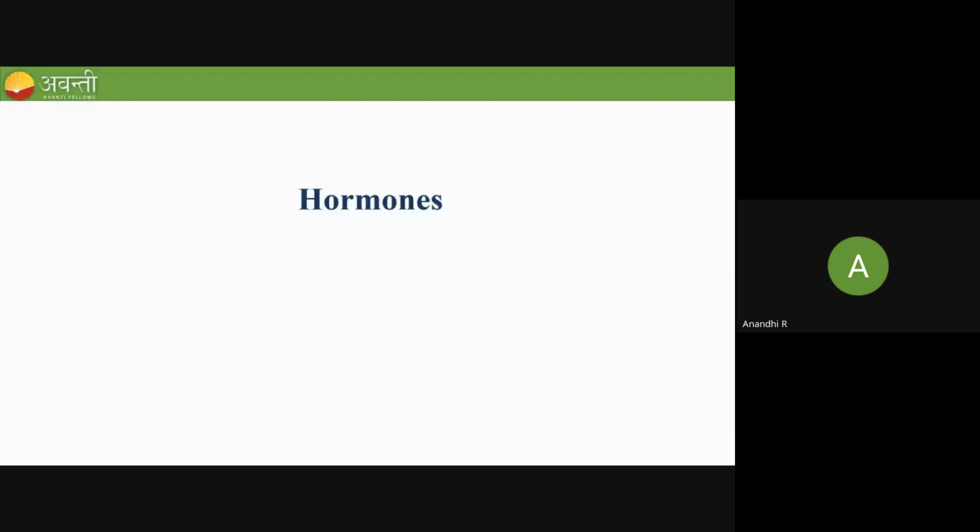Just a second. So, can you able to see the screen? One second.